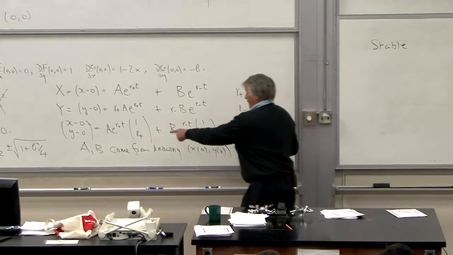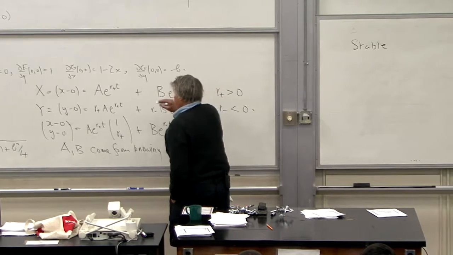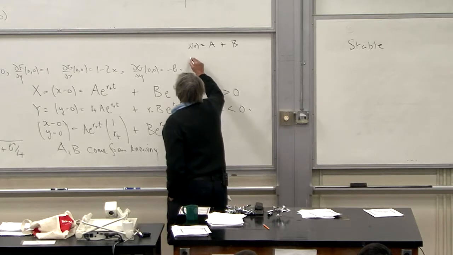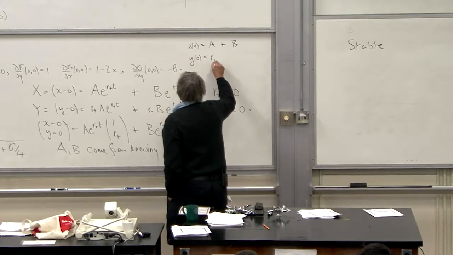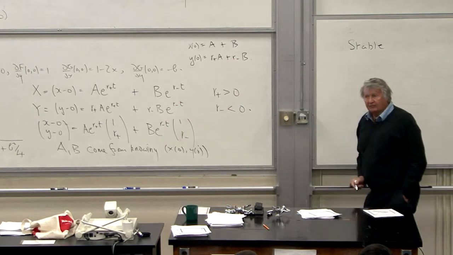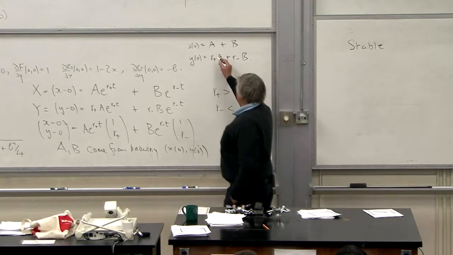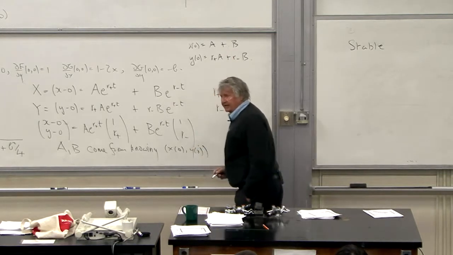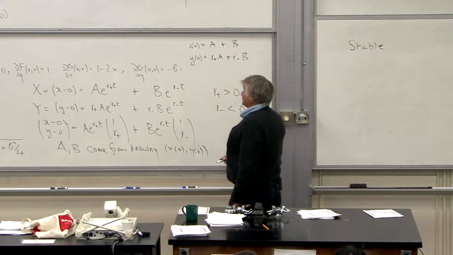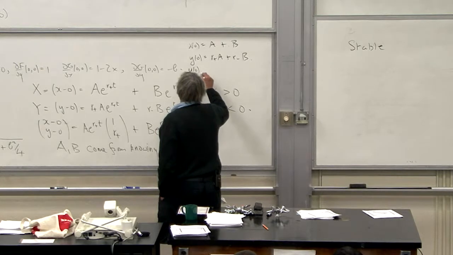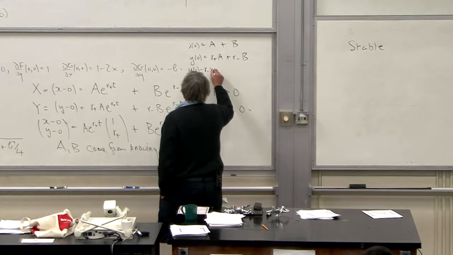by the way, let's work out A and B in terms of x naught and y naught. At 0, x of 0 is A plus B. Y of 0 is R plus A plus R minus B. Okay, so now let's work out what A is. To get A, I'll multiply the first equation by R minus and subtract. Okay, so I get y naught minus R minus x naught.